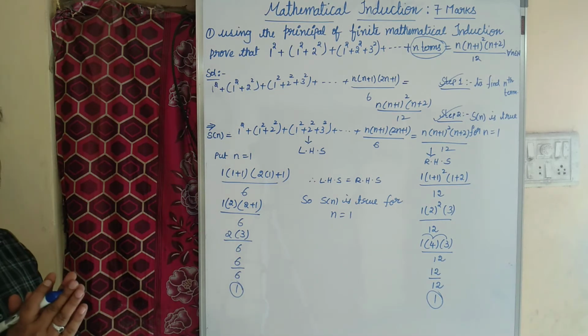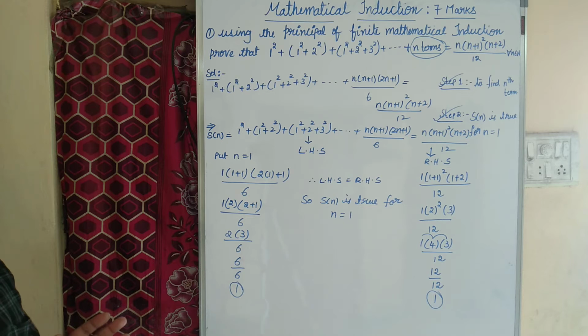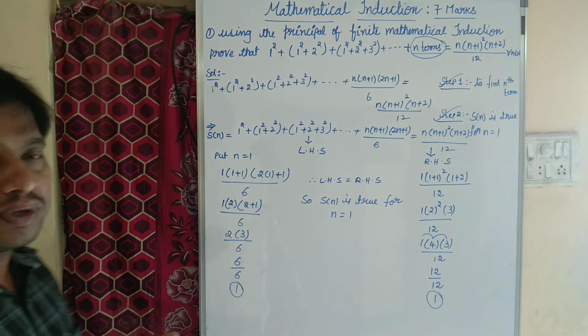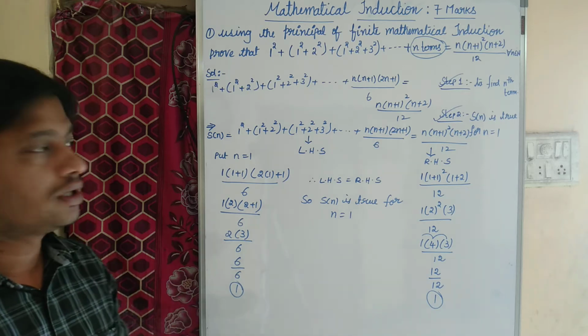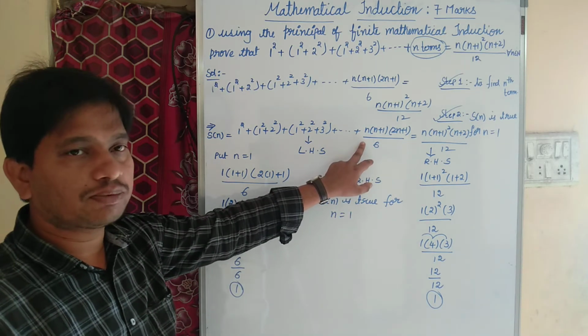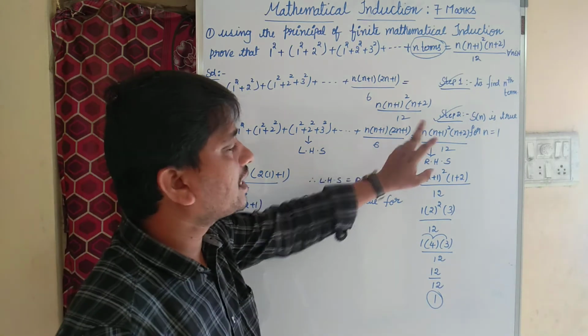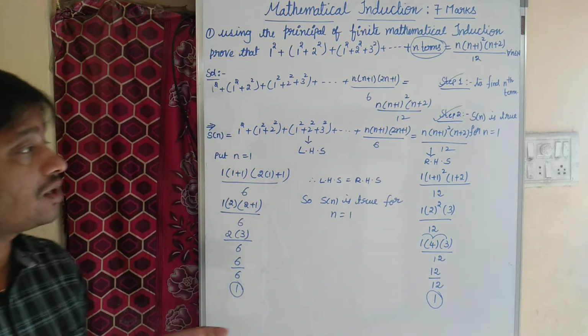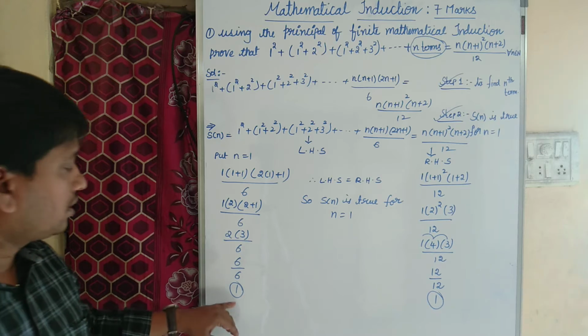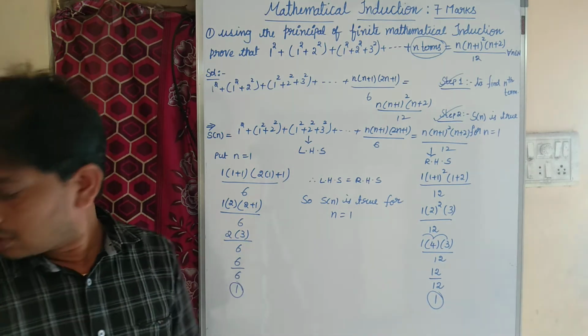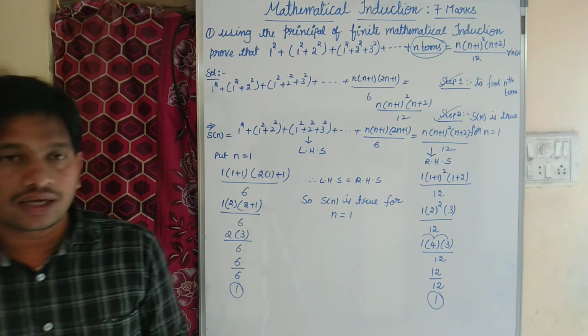I hope this second step is very clear. Simply we need to check whether S of n is true for n equal to 1 or not. In both left hand side and right hand side we substituted 1 in the place of n. In both cases we got 1 only. I mean both LHS and RHS are equal.